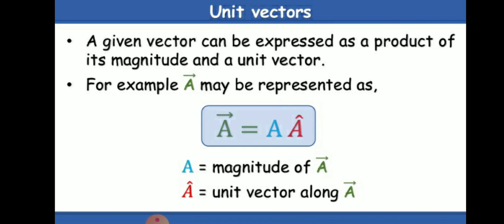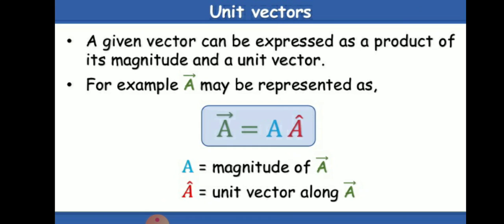A given vector can be expressed as a product of its magnitude and a unit vector. For example, vector A may be represented as the magnitude of vector A times its unit vector along its direction. So vector A is equal to A into A cap.